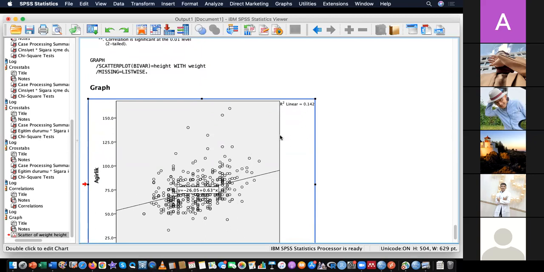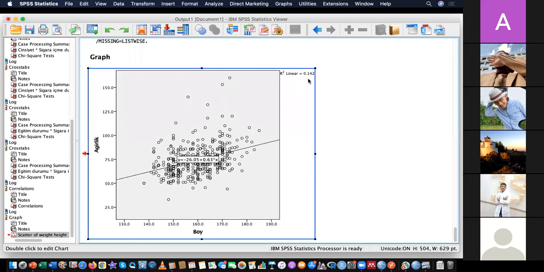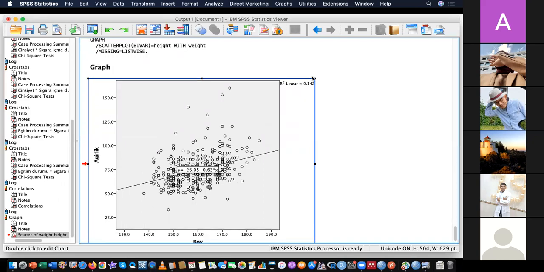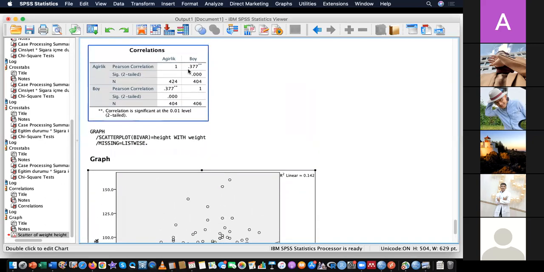So the R square is here 0.14. R was 0.37. So if you take the square of 0.37, it is 0.14.